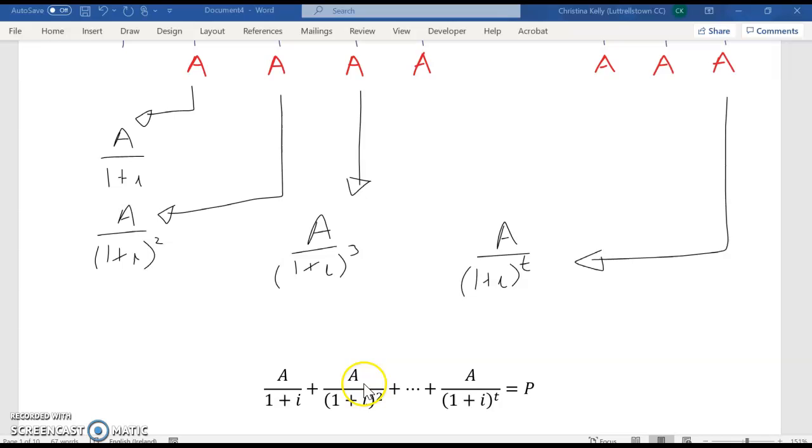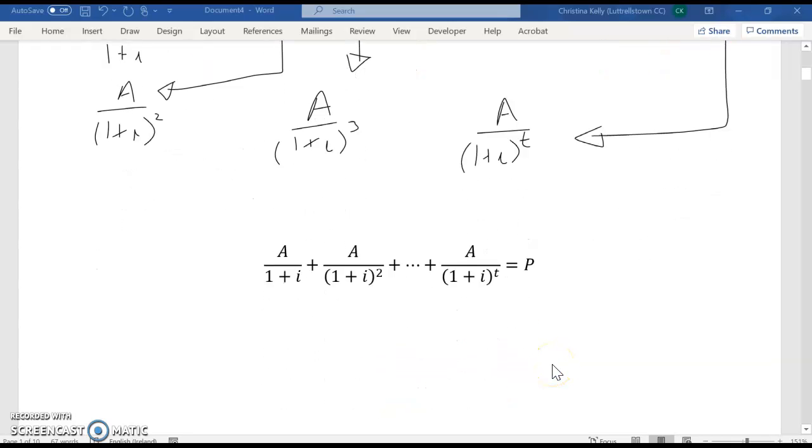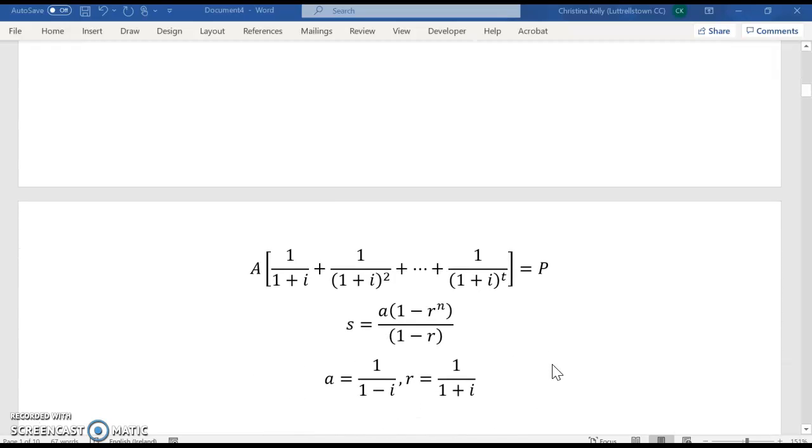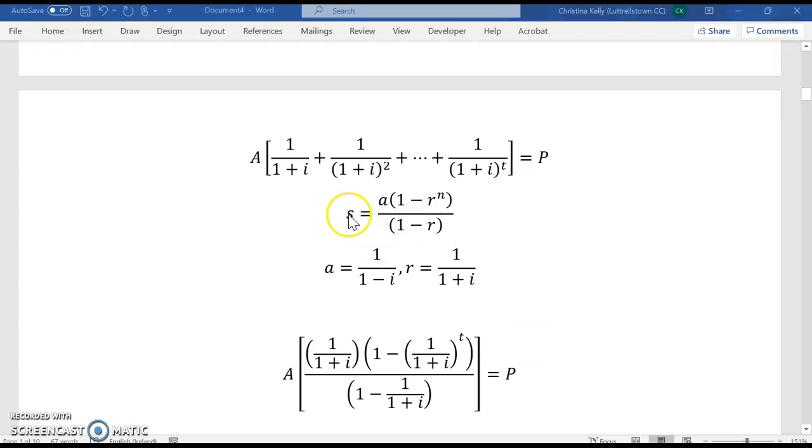So we can see here the A is a common term, so we can factorize it out. And we have this equation. So A multiplies 1 over 1 plus I plus 1 over (1 plus I) squared, and so on, the whole series, and that is balancing with P. So it is a geometric series, and there's our formula for the sum of a geometric series.